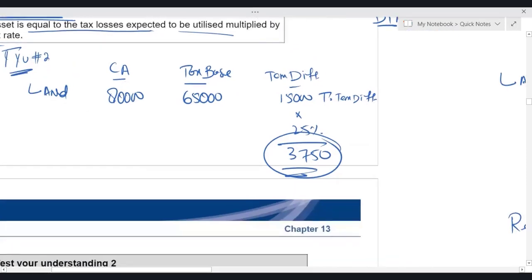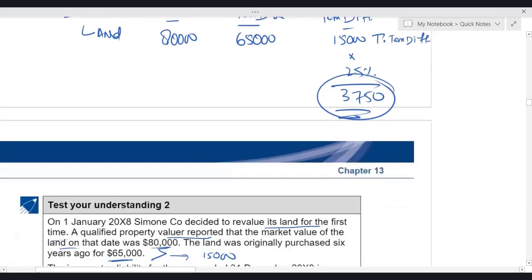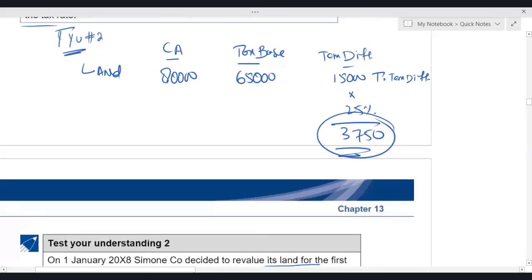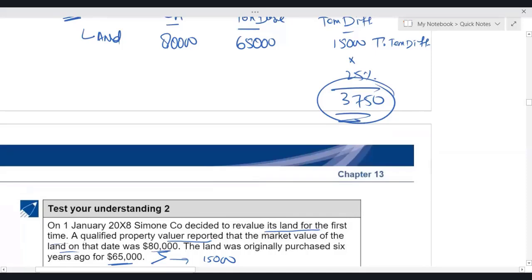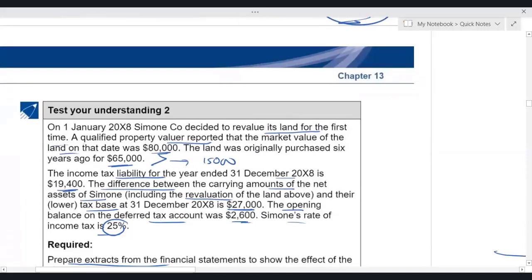Now, please try to understand. Don't forget this. The effect of deferred tax liability, 3,750, will be charged to revaluation surplus. So, we need a space. Just a minute. Total taxable difference, the examiner has given us 27,000.